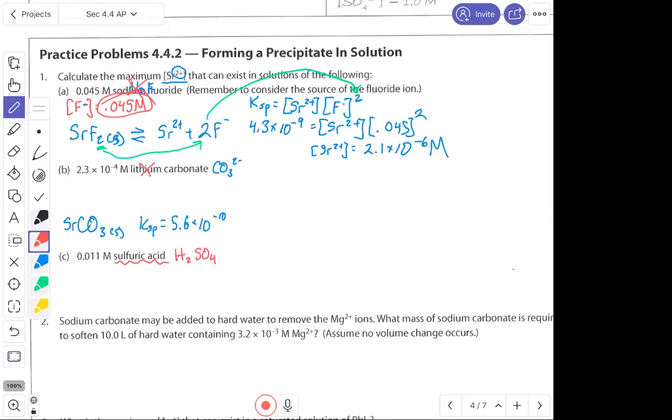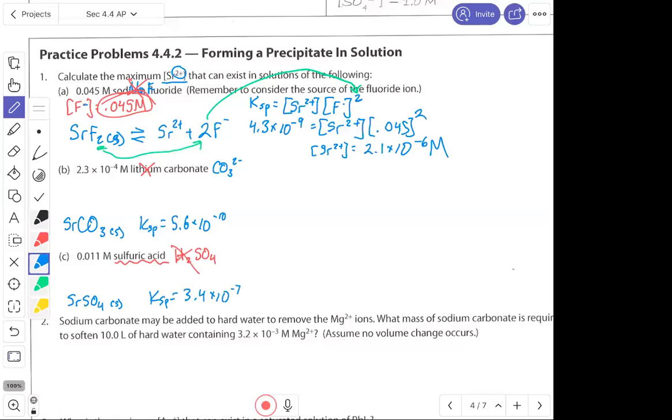The H, because sulfuric acid's a strong acid, so H will be a spectator. My solid formed there is SrSO4, and that Ksp value is 3.4 times 10 to the negative 7. So there are your Ksps and your solids.